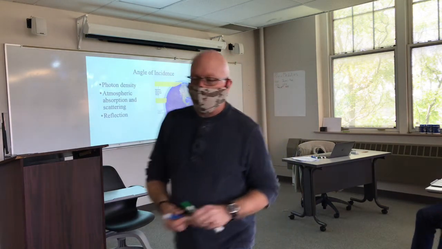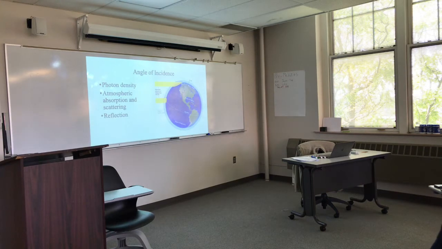So pretend that the sun is green. The sun is not green, but you're standing at the lake, and the sun is low in the sky. The photons coming from the sun are hitting this lake at an oblique angle.